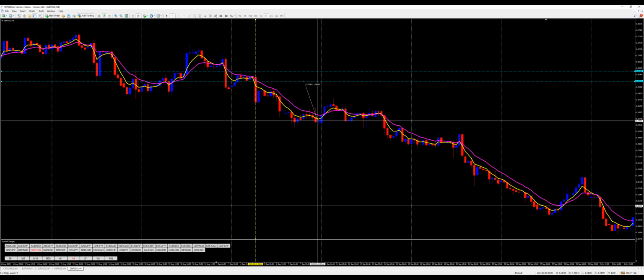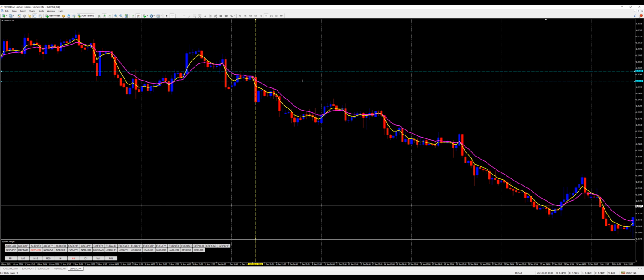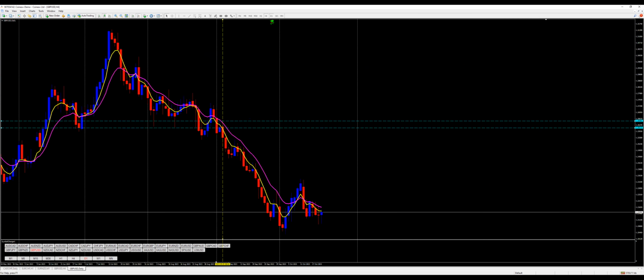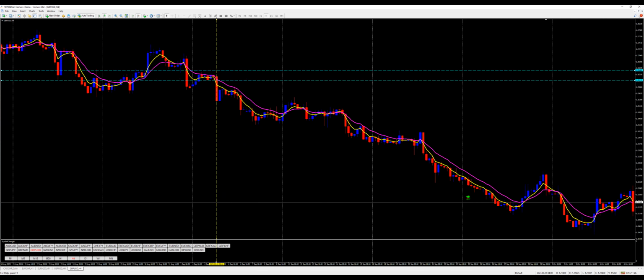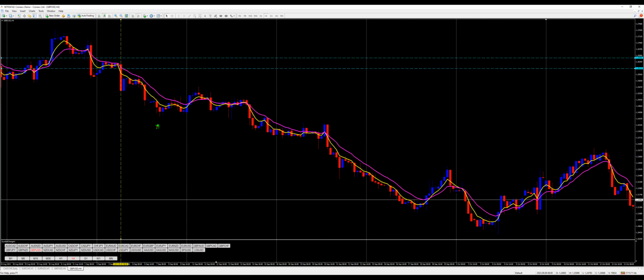And I get 140 pips, that's $56,000. I can always add on, right? And I'm basically going short every week. Short, short, short, short, all the way down here.